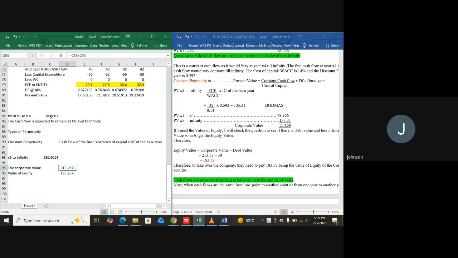So we need to have everything together to have the value of the company. We take the present value of the company from year 1 to 4 and add the present value from year 5 to infinity, and that is how we're able to get the corporate value. Is that taking everybody?